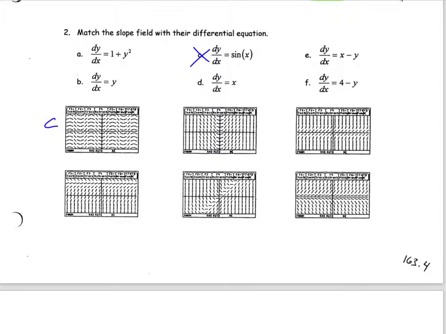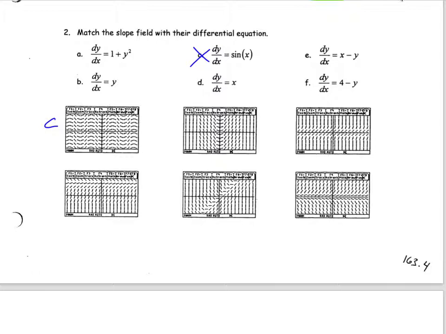Tangent line of what? The function above the derivative. Okay? So what is the slope field going to look like? It's going to look like the function above. That's what you guys need to realize.